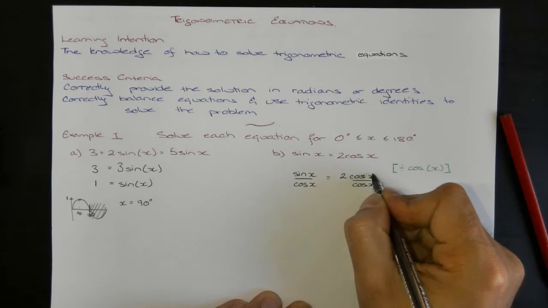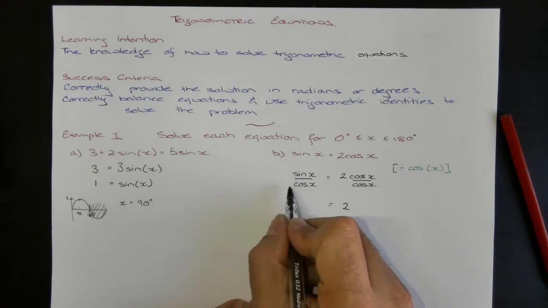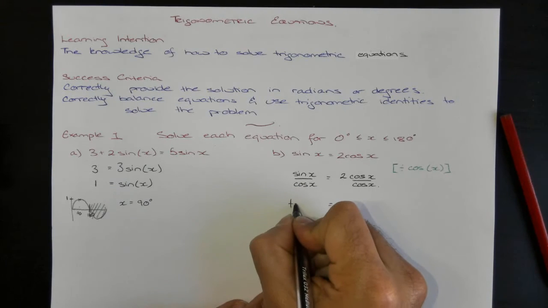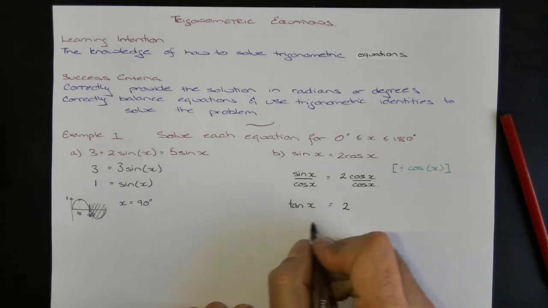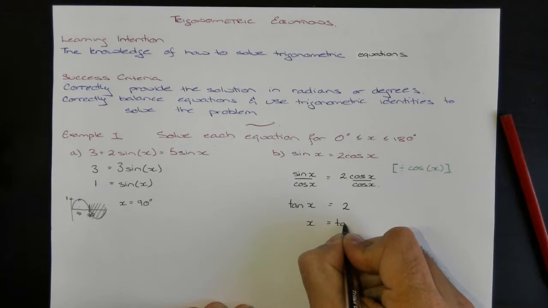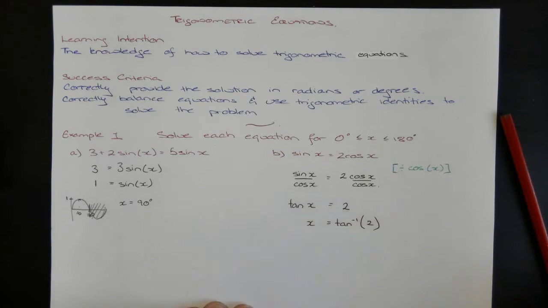That just cancels out, so it leaves me 2. And using my identity, sine of x over cos of x is the same as tan of x. And now I want to find where tan of x equals 2. So that's the same as x equals shift tan of 2.